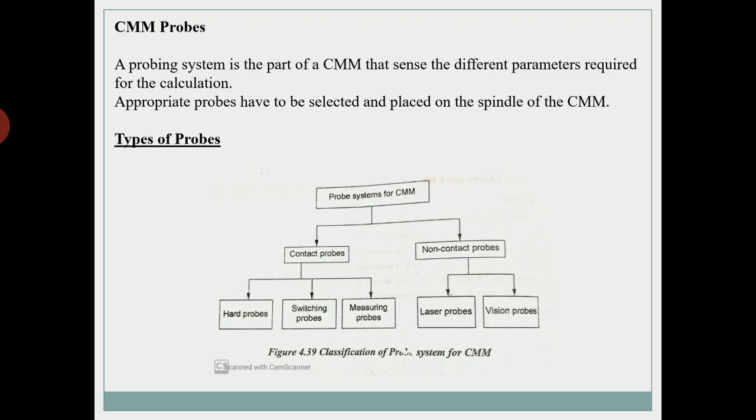Their classification is shown in the block diagram. That is, probes are mainly classified into contact type probes and non-contact type probes. The contact type probes are again classified into hard probes, switching probes, and measuring probes. In the case of non-contact type probes, there are laser probes and vision probes.